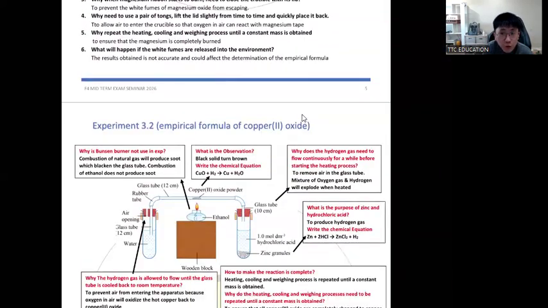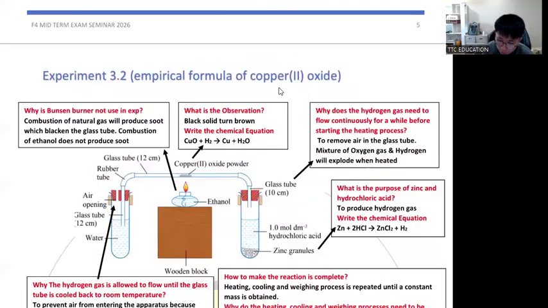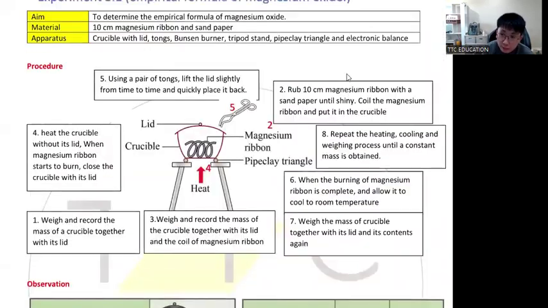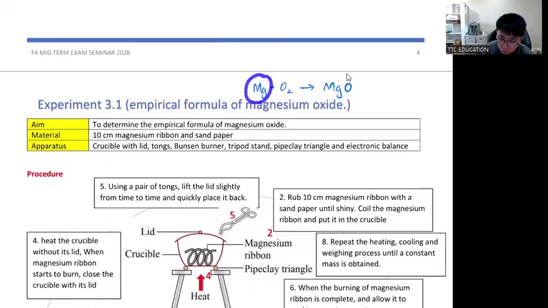If you go down to copper 2 oxide, this one is different. This one started off with copper with oxygen. Then we use hydrogen to snatch the oxygen, become Cu and H2O. So the mass of copper oxide initially is higher, but after the experiment, the copper mass is actually lower. So the difference between these two experiments: magnesium to magnesium oxide is mass increase.